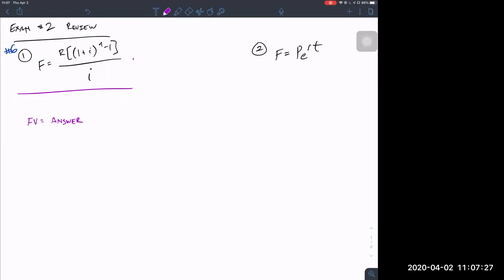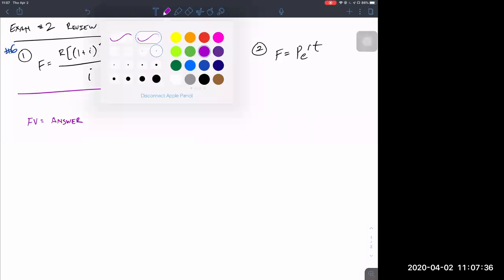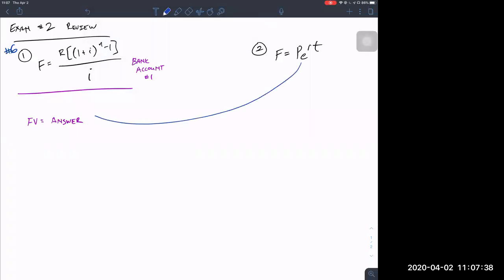So this is like bank account 1. And then what happens is that it's going to translate to this one by being your new deposit in bank account 2.